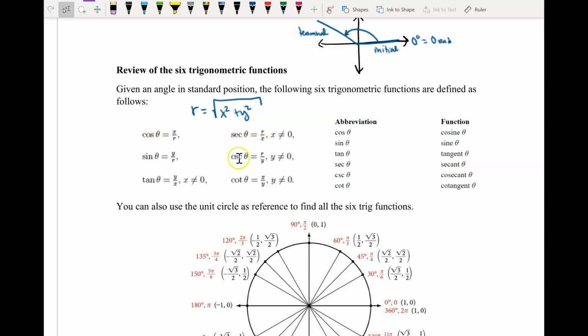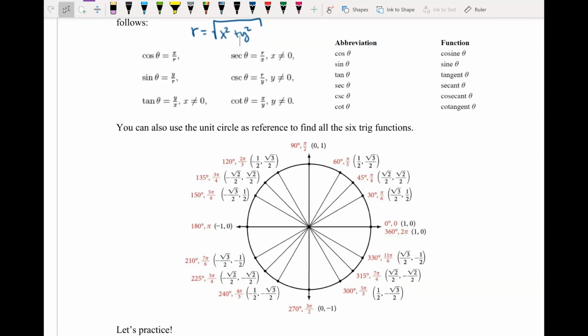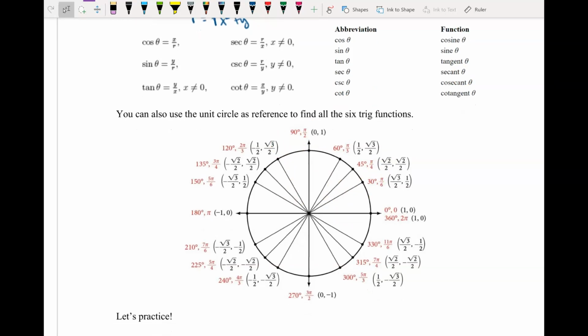It's r over x. Cosecant is the reciprocal of sine, which is r over y. And cotangent is the reciprocal of tangent, which is x over y. All right. And of course, you can use the unit circle to reference all of the 6 trigonometric functions. So if you were to find, and I put a little practice here.